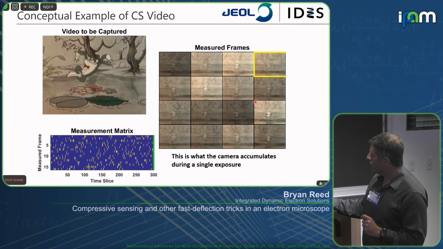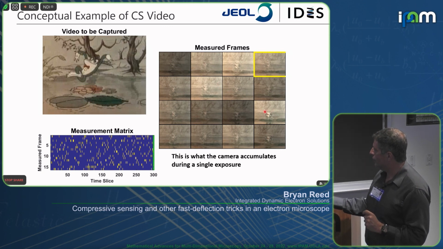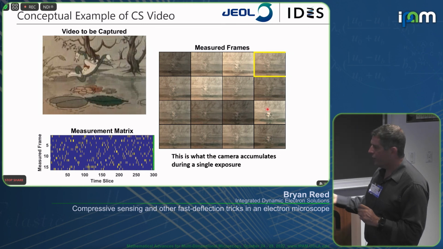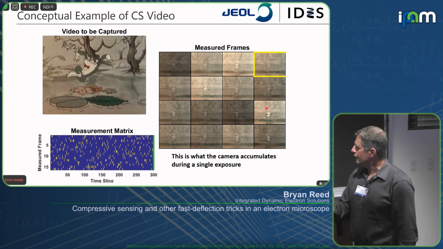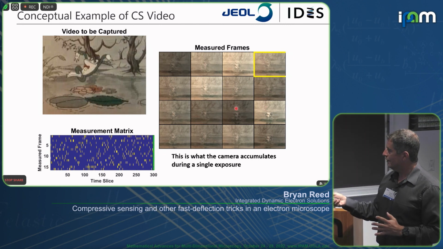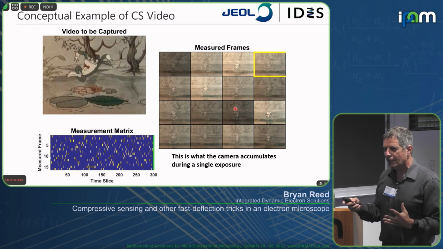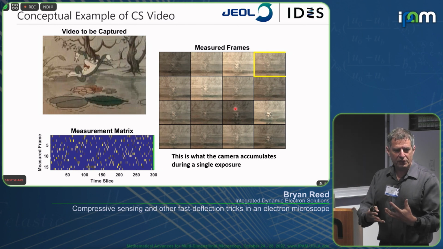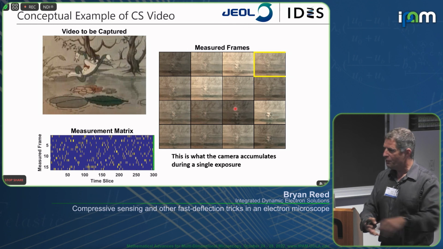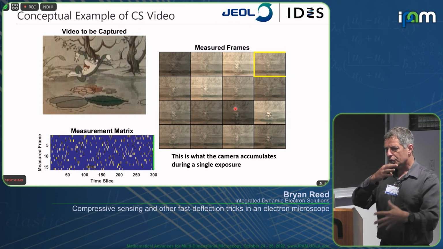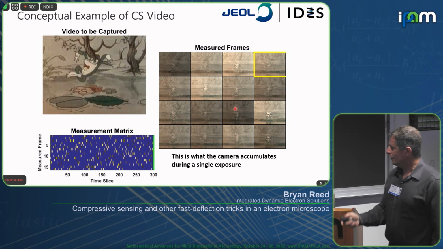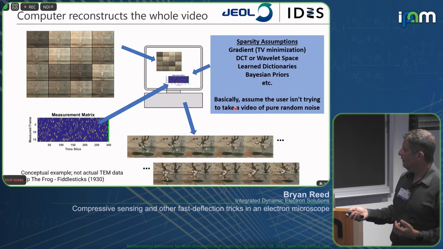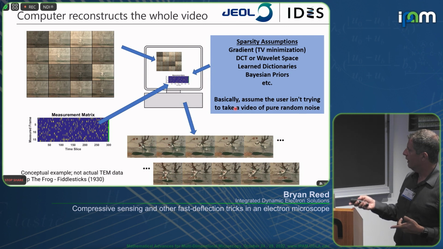Now, if you look at this, they're all quite different from each other. You've got a frog sitting here, and a frog sitting here, and half a frog sitting there, and you could imagine a computer looking at that and asking, what is the simplest description of a sequence of events consistent with this? So it's scrambling the information, but not scrambling it too much, so you have some hope of recovering it, and the computer uses some sparsity assumption.